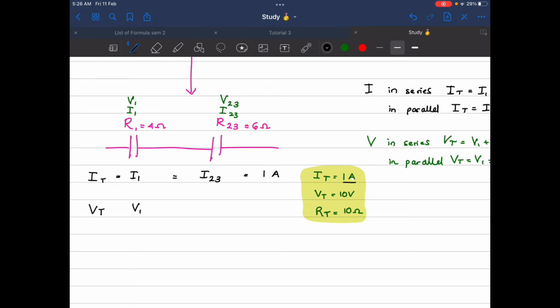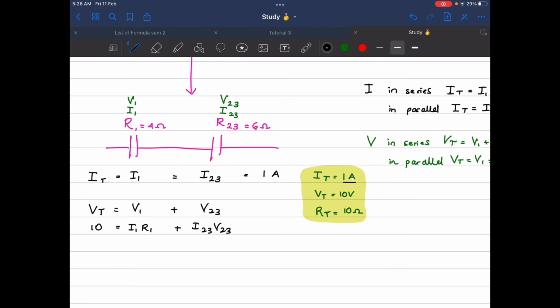So V total, V1, V23. Since they are in series now, it will be the sum. So this will be plus V23. We know that V total is 10. And then we know that one is I1 R1 plus V23.